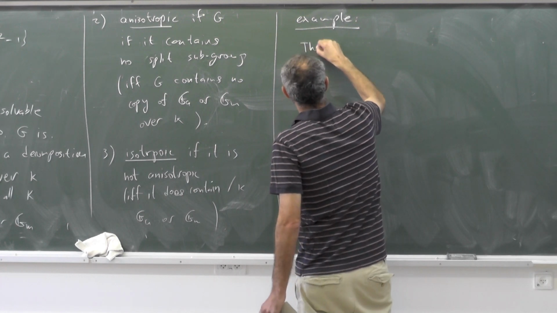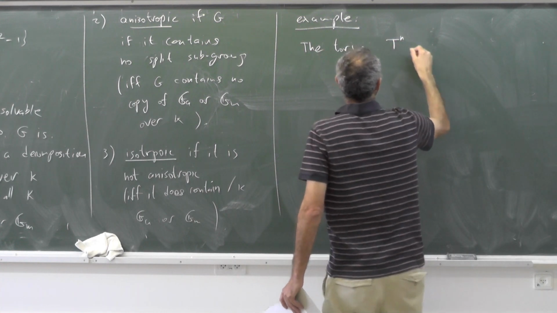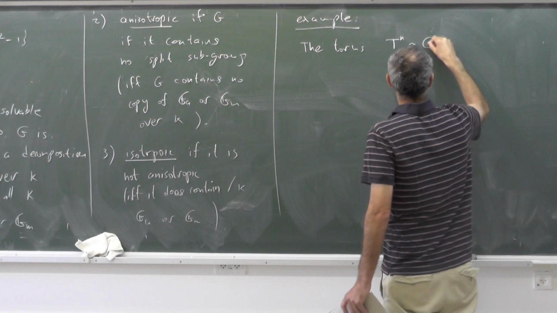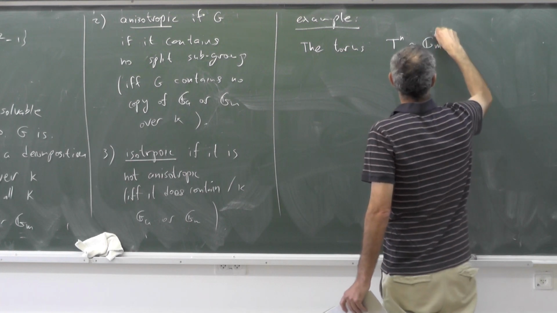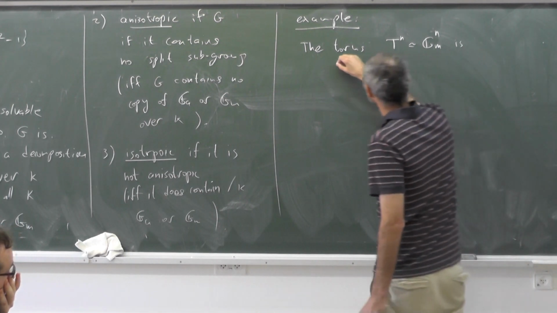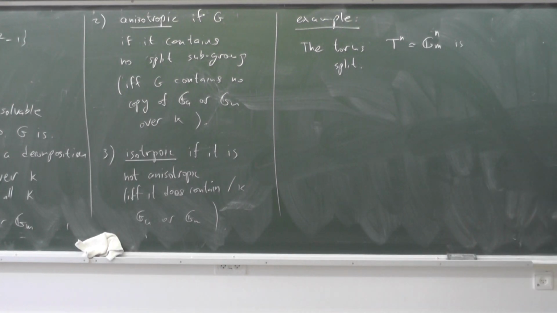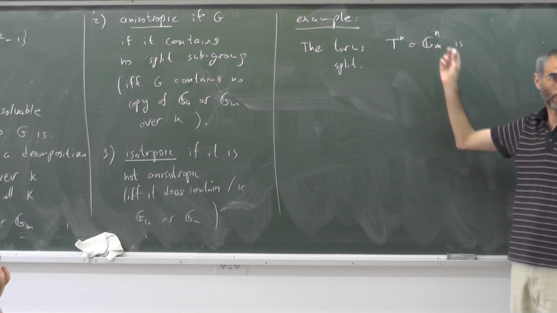The torus T_n, or if you want, G_m to the n, is split. Yeah. So I may think of it as the diagonal group of GL_n.